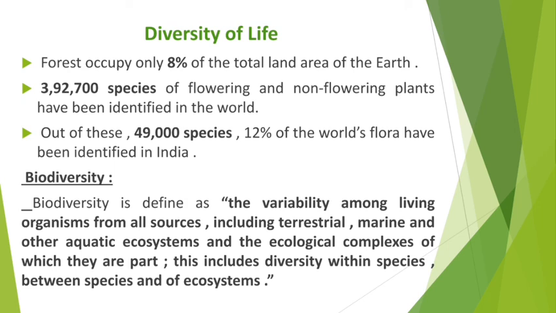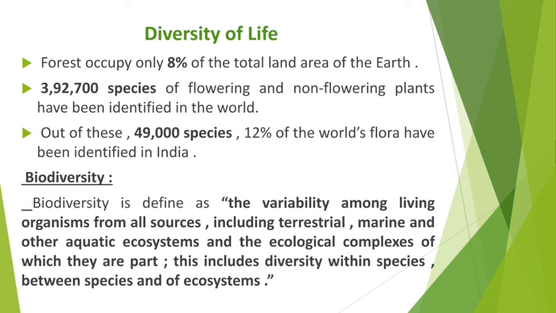Again you may write biodiversity as the variation in shape, size, habitat among the organisms. Actually biodiversity is the variation found among organisms in regard to their shape, size, habitat, living style, food, everything. So this is a brief description about biodiversity.